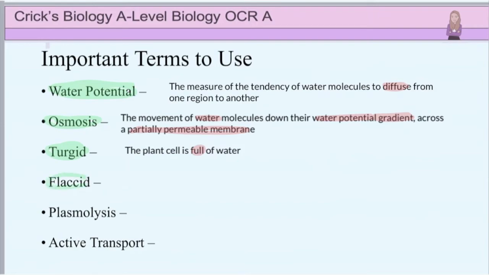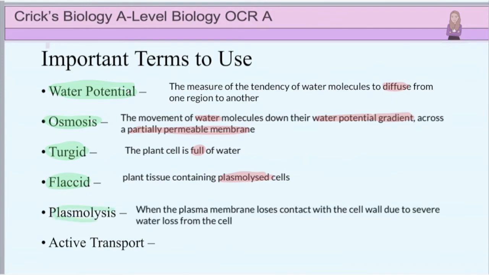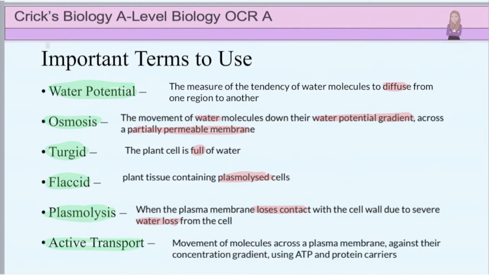Flaccid tissue is when plant tissue contains plasmolysed cells. Plasmolysis is when the plasma membrane loses contact with the cell wall due to severe water loss from the cell. And active transport is the movement of molecules across a plasma membrane against their concentration gradient using ATP and protein carriers.